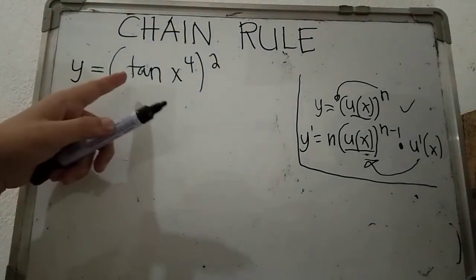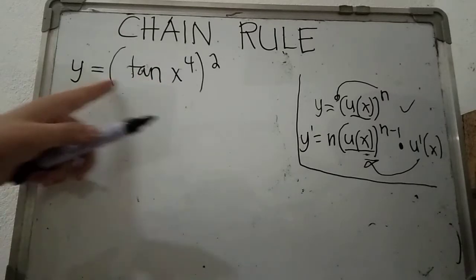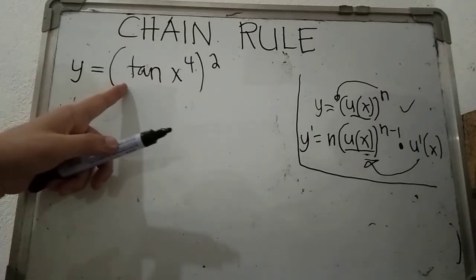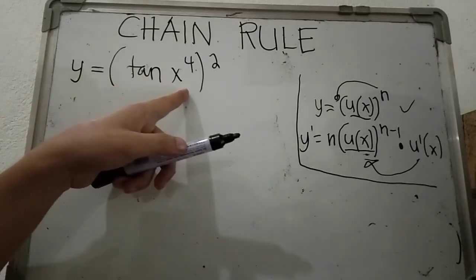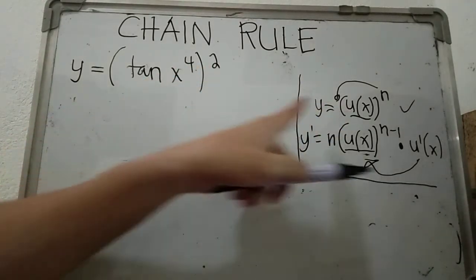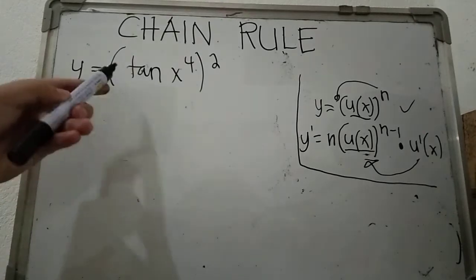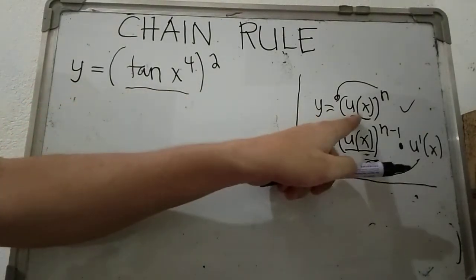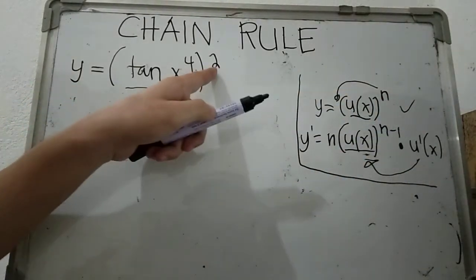Now take note, this is a trigonometric function. Okay, tan x to the 4th raised to the power of 2. So this one will follow from this format. Our u of x is the one inside the parentheses, and our exponent n is equal to 2.